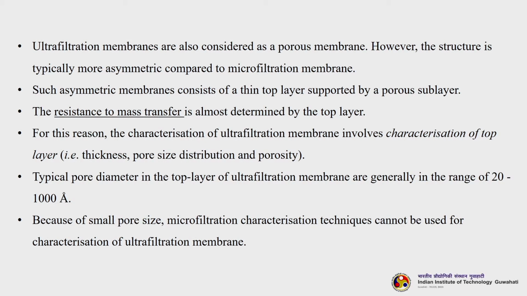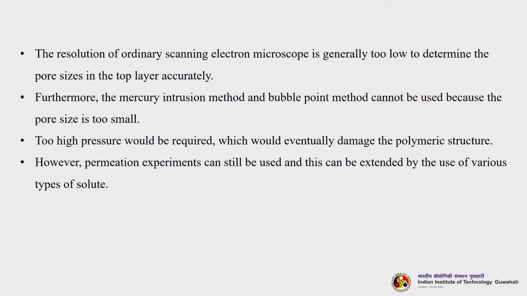So, typical pore diameter will usually be in the range of 20 to 1000 angstrom. Since the pore size is small, microfiltration characterization techniques cannot be used for characterization of ultrafiltration membrane, though we know that we can use the permeability method for ultrafiltration membranes also. The resolution of an ordinary scanning electron microscope is generally too low to determine the pore sizes of the top layer in the ultrafiltration region basically.